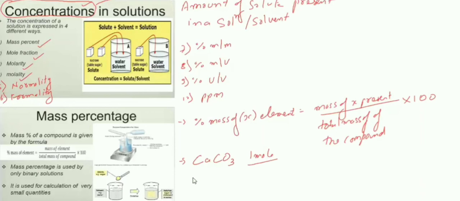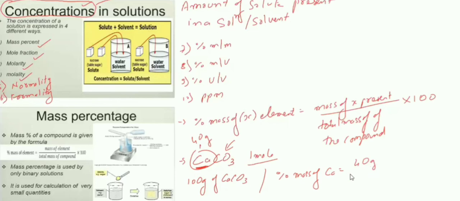Now 1 mole of calcium carbonate means 100 grams of calcium carbonate. In this, there is only 1 calcium atom, and I want to find the percentage mass of calcium. That will be equal to the mass of calcium present in this compound. The atomic weight of calcium is 40 grams, so 40 grams divided by the total mass of calcium carbonate, 100 grams.